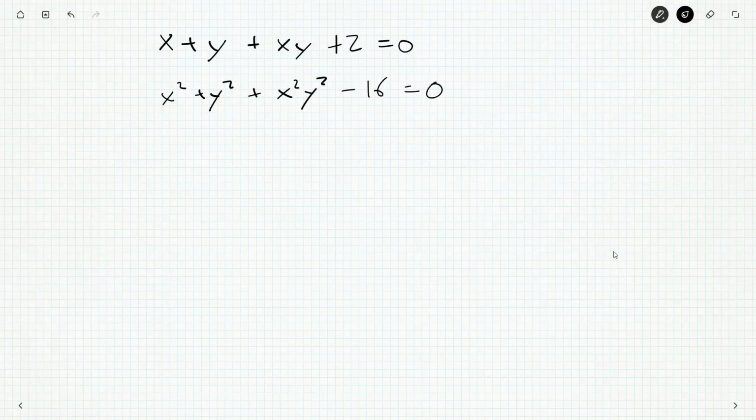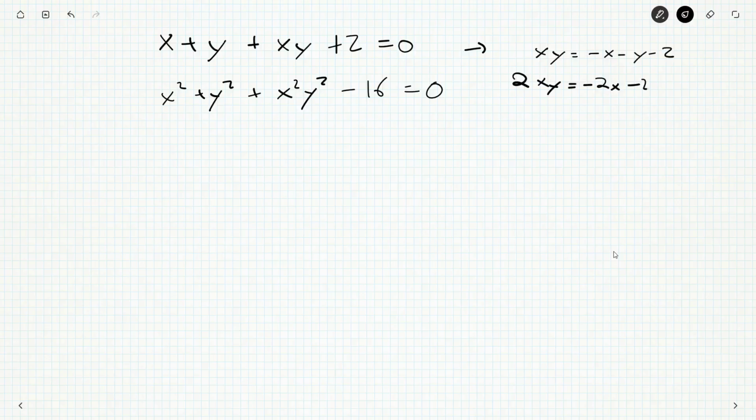Now there's x squared plus y squared here, and the fact that there's an xy here makes me think maybe I should rearrange this equation into x plus y is negative xy minus 2. Or, no, I guess I should do xy is negative x, negative y, negative 2. Then 2 times that would be 2xy is negative 2x minus 2y minus 4.